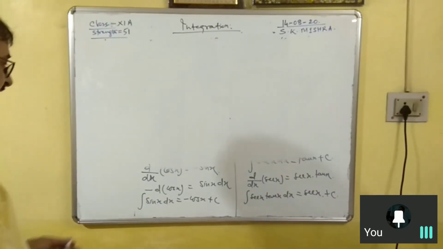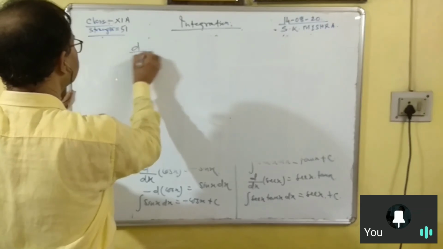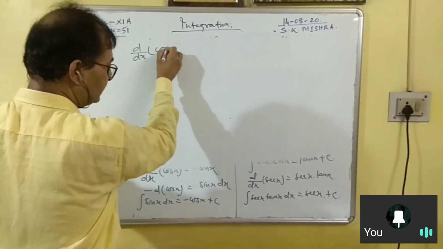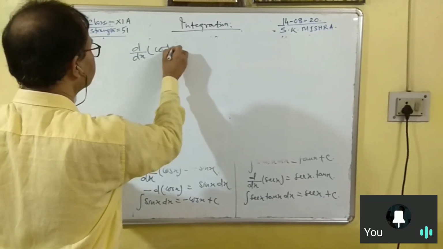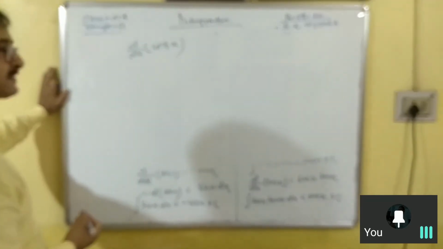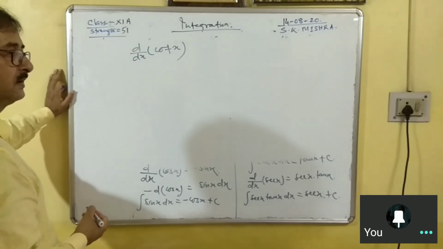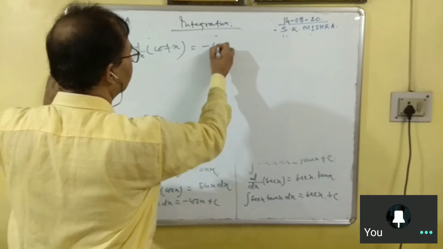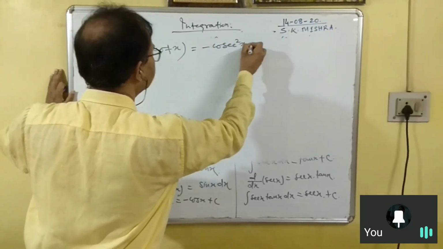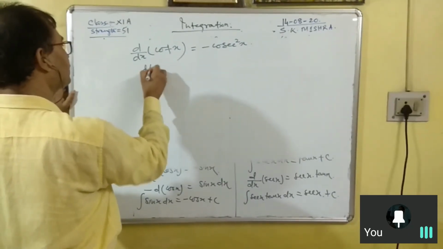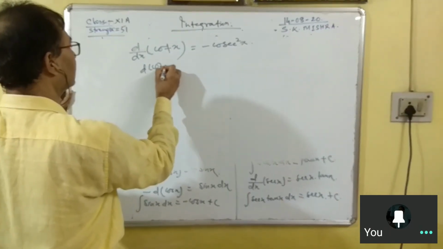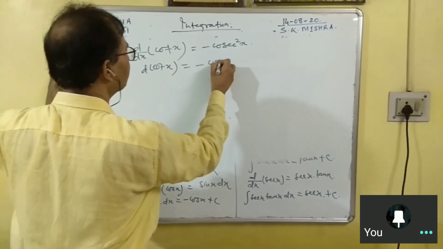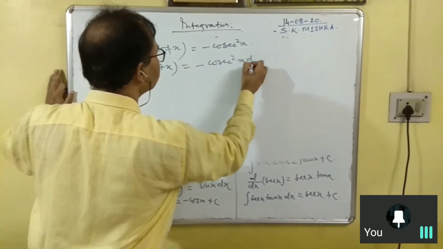Okay, the next is d by dx of cot x. Tell me what is d by dx of cot x? d of cot x is minus cosec square x dx.